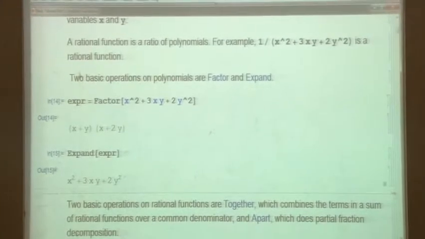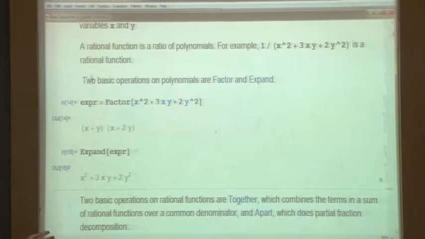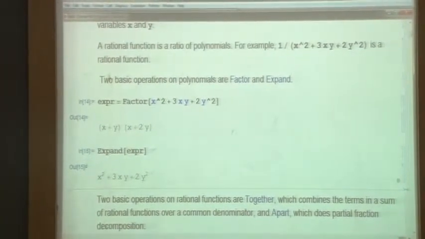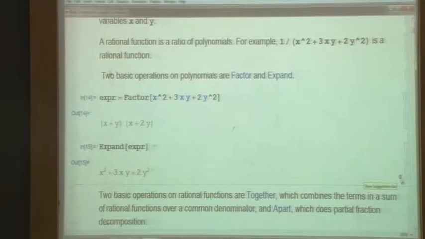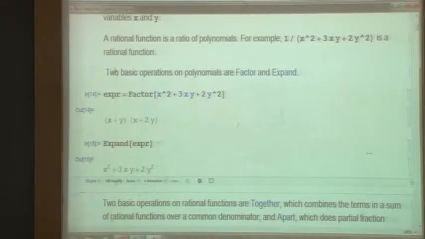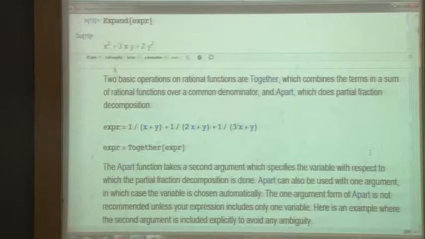You can click here on minimize suggestion bar, and then it's gone. It doesn't bother you anymore. But if you want it back, that's fine too, just click on this one. So, the suggestion bar.